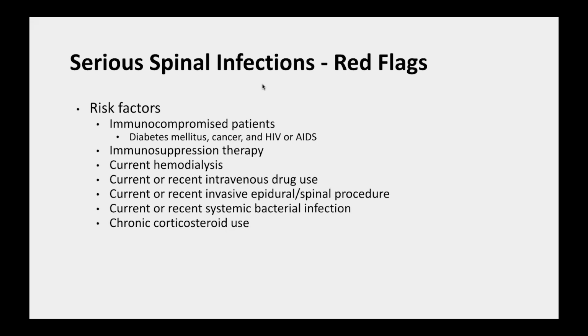So risk factors can include patients who are immunocompromised, so patients with diabetes, cancer, HIV or AIDS, patients on immunosuppression therapy, so patients who perhaps have had an organ transplant in the past and are taking immunosuppressant medications, patients who are currently receiving dialysis, current or recent intravenous drug use, current or recent epidural or spinal procedures, current or recent significant bacterial infections, such as bacterial infections within the bloodstream, and chronic corticosteroid use.